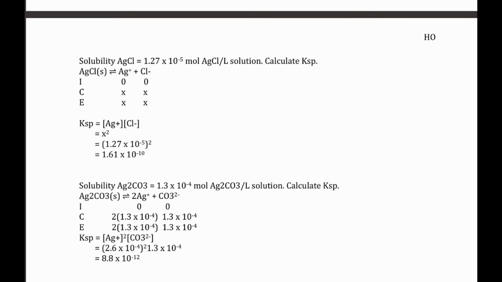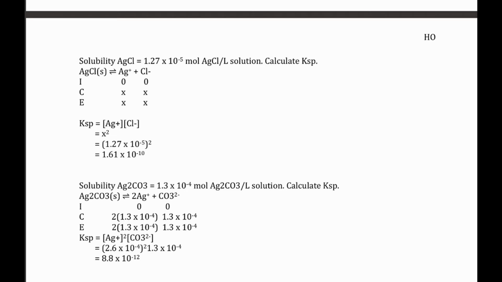Indeed, the table we just looked at has Ksp values, but we're going to see how to go from solubility to Ksp with this problem and the next one. The solubility of silver chloride, 1.27 times 10 to the minus 5 molar, is about the value we used earlier, to 1 more sig fig.